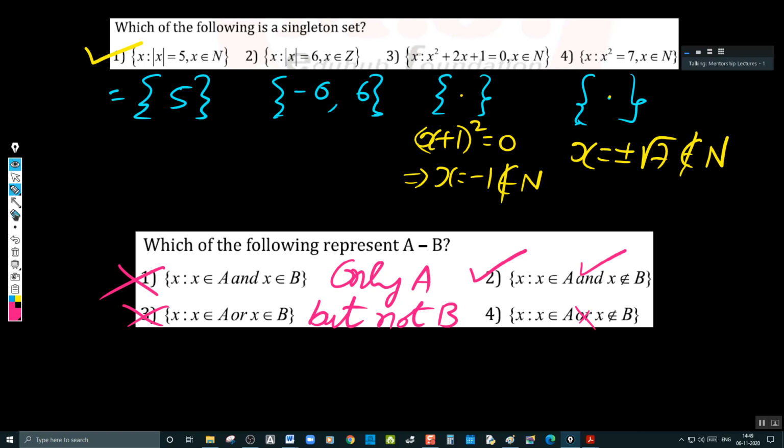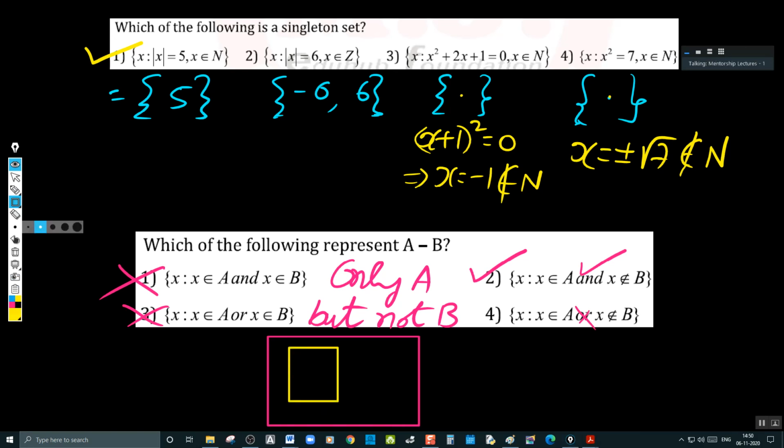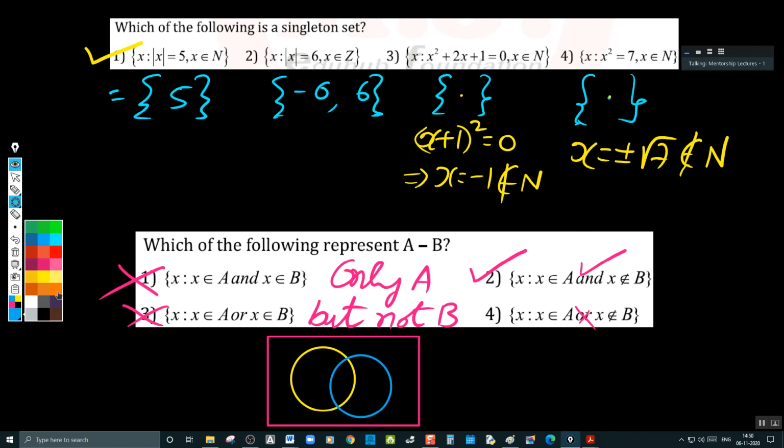And if you want to show this in a diagram, it goes like this. This is A, let me say, and let me say this is B. I need A minus B. Your A minus B must be this.